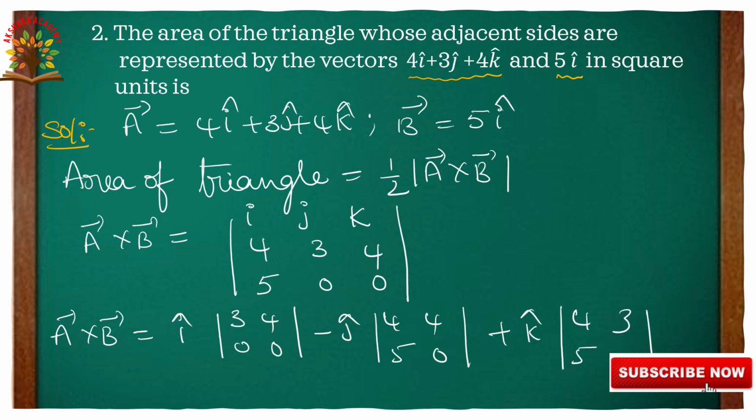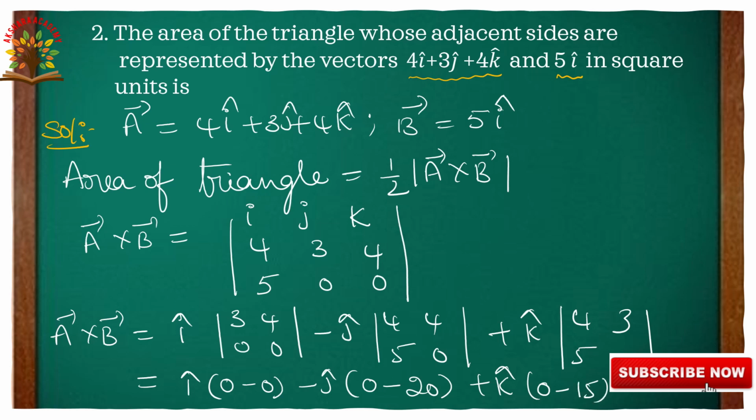So that equals i cap of 0, minus j cap of (4 times 0 is 0, minus 4 fives are 20), plus k cap of (4 times 0 is 0, minus 5 threes are 15).